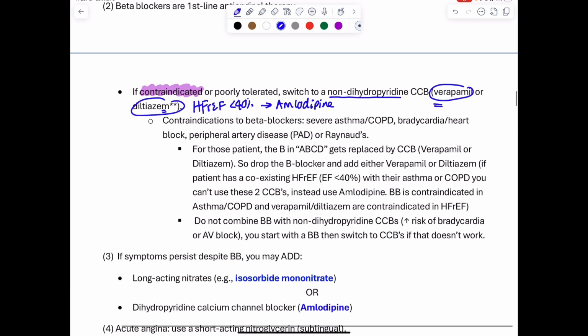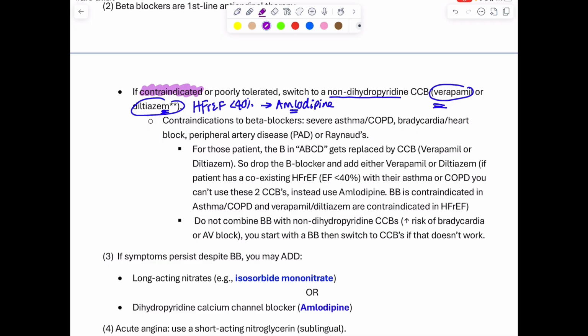Again, if there's contraindicated beta blockers, you give these two. But if it's contraindicated beta blockers and they have heart failure with reduced ejection fraction, you still give a calcium channel blocker. It's just going to be this one.